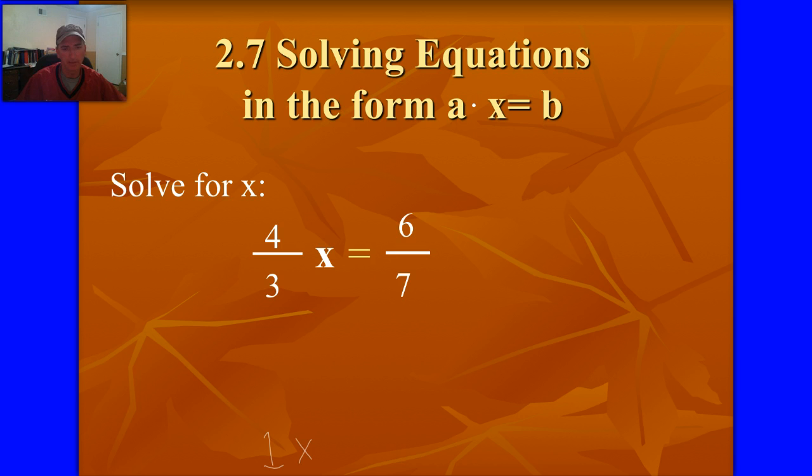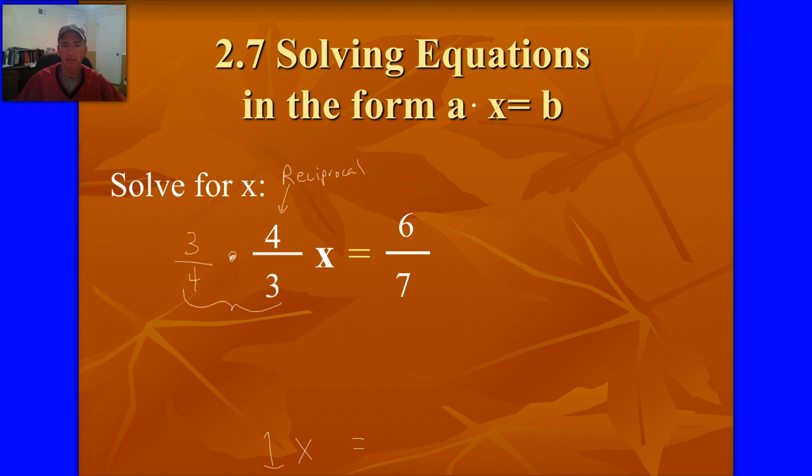I'll put that equal sign there. So if I multiply by the reciprocal, remember what the reciprocal does? It multiplies and equals 1. If I take the reciprocal of 4/3, which is 3/4. Do you recall that when you multiply the reciprocal, the answer is always 1?